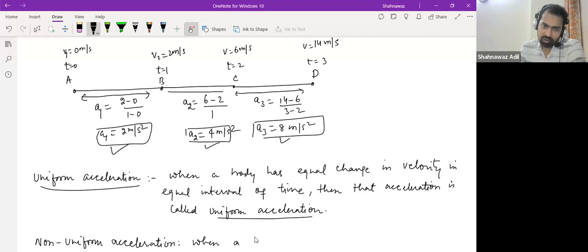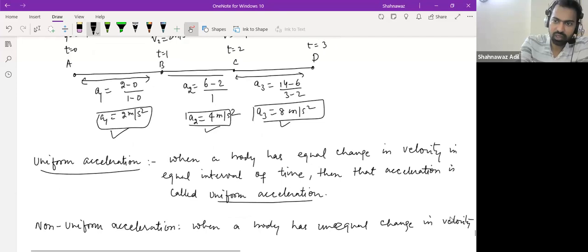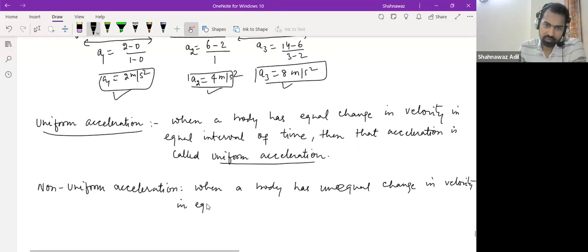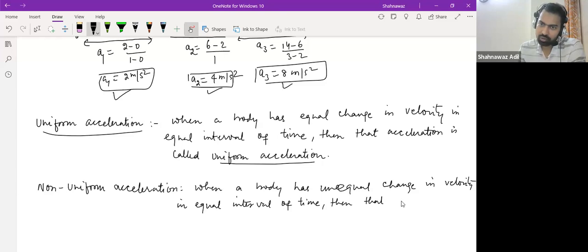When a body has unequal change in velocity in equal interval of time, then that is called non-uniform acceleration.